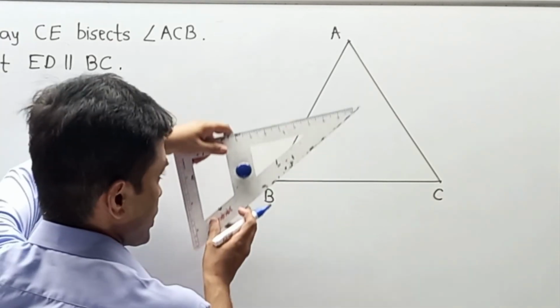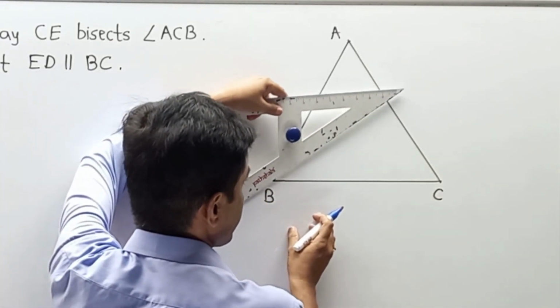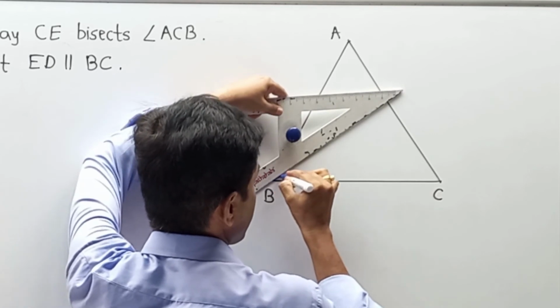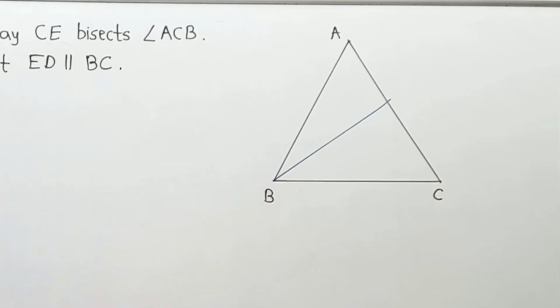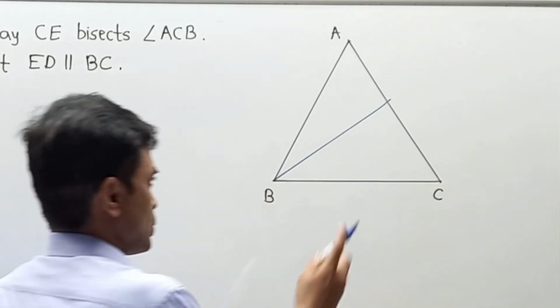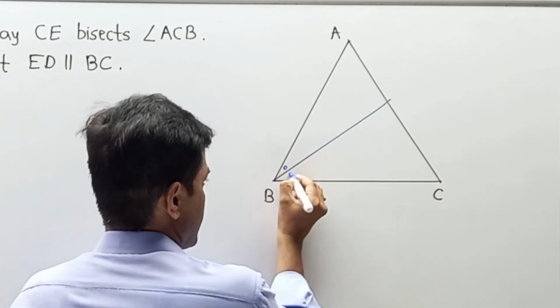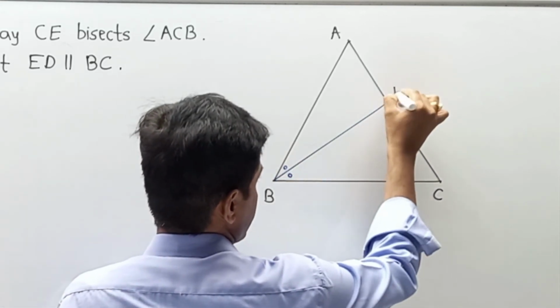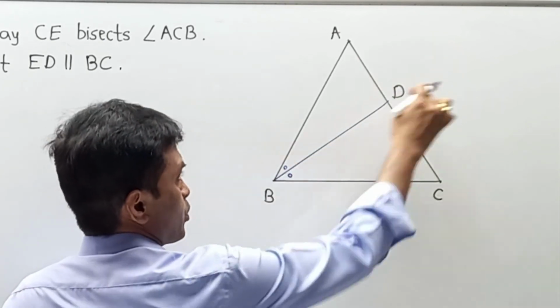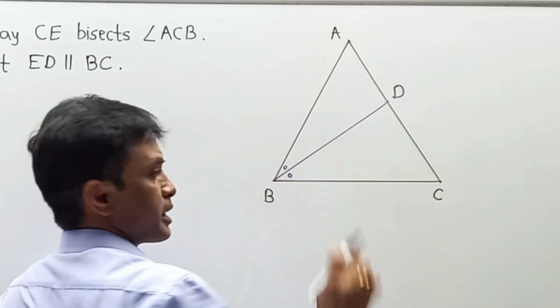It is something important for us. So due to this ray, this angle is divided in two equal parts, and this is BD. Means due to BD, this angle ABC is bisected.